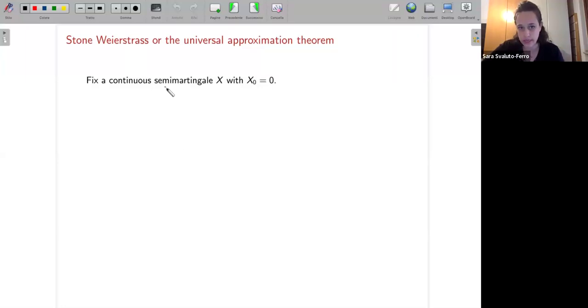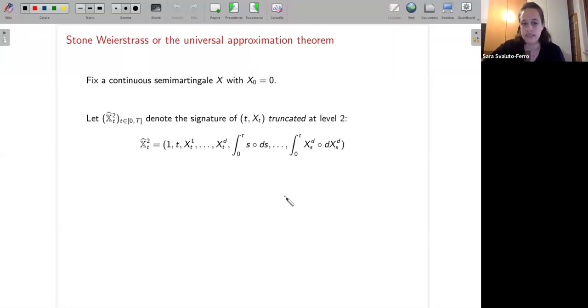We start from a continuous semi-martingale, very good. We take the signature till level 2, meaning level 0, level 1, level 2: one simple components and double integrals of t and the process.